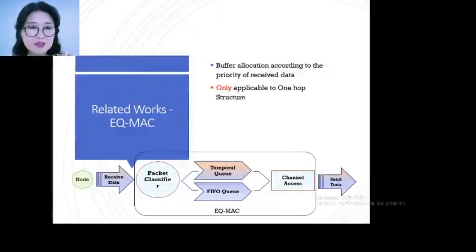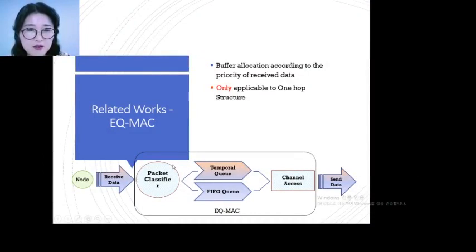The operation of the related research, the EQ-MAC protocol, is as follows. EQ-MAC has two queues, a temporal Q and a FIFO-Q. Received data packets are first classified, and then buffer allocation according to the priority of data and channel access are carried out.